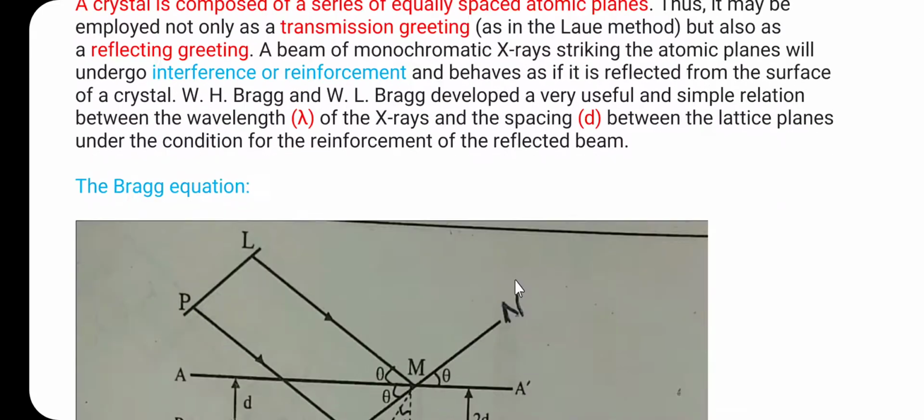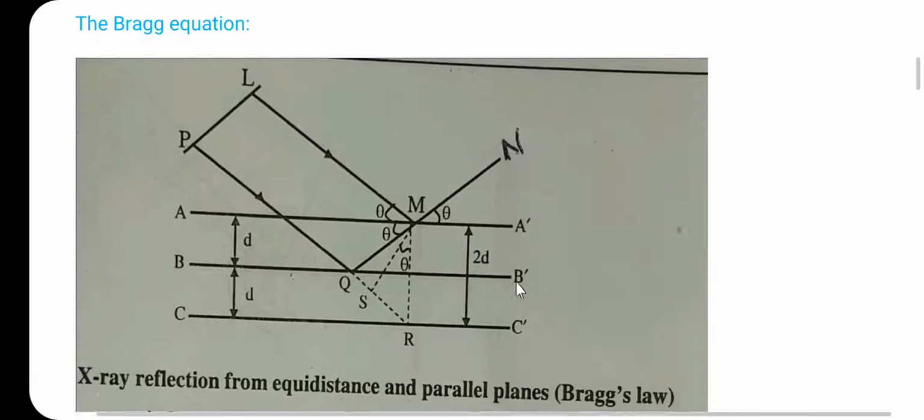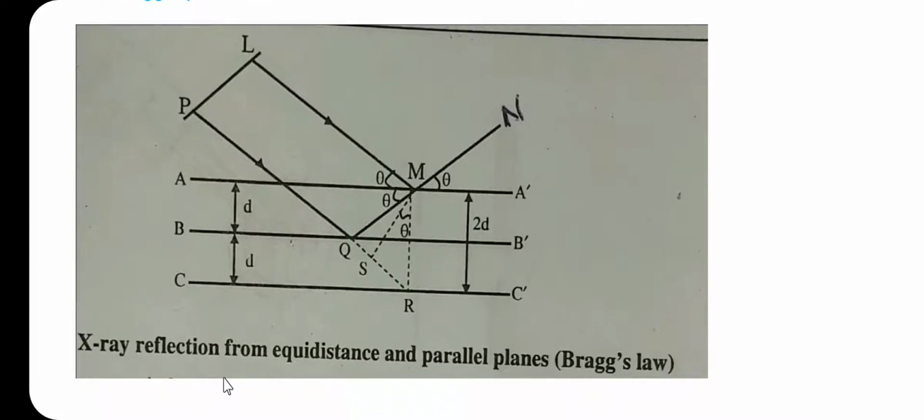For that purpose, let us consider the diagram. This is the X-ray reflection from equidistant and parallel planes. Consider a parallel beam of monochromatic X-ray. P and L are the two parallel beams of monochromatic X-rays.